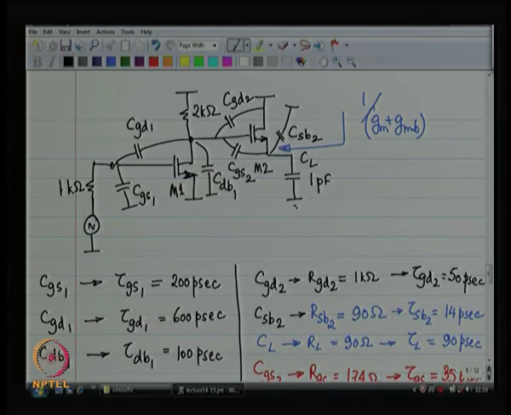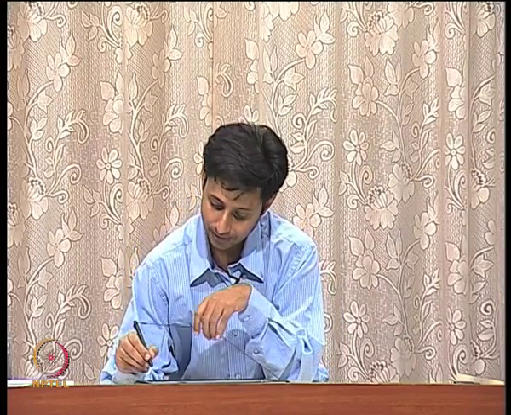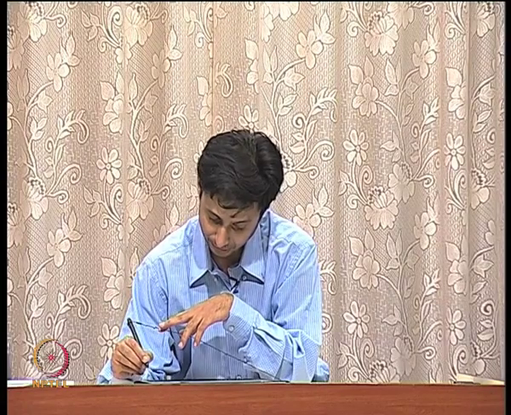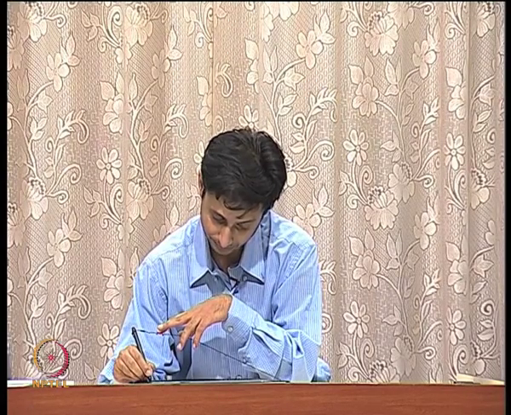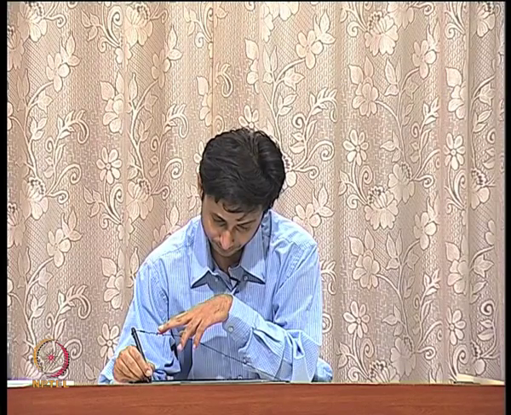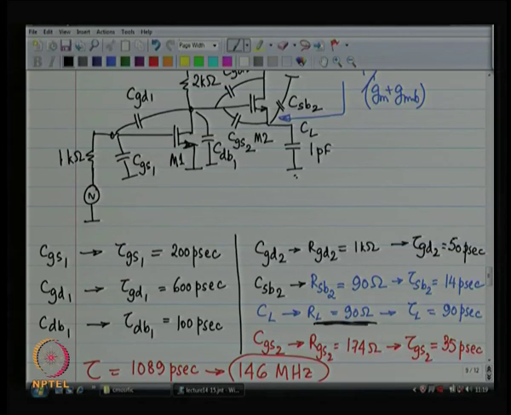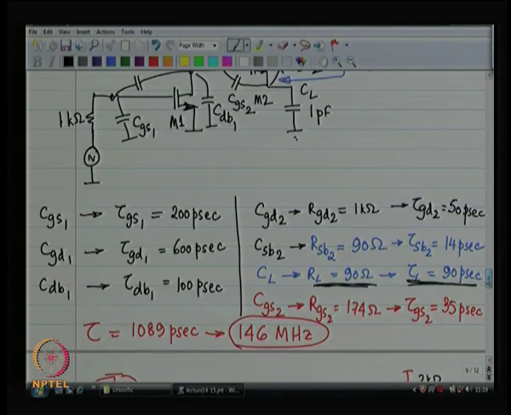From a resistance of 1 kilo ohm, I started seeing a resistance of 90 ohms, right, and the corresponding tau was only 90 picoseconds in my calculation, and the total tau was 1089 picoseconds. It resulted in a bandwidth of 146 megahertz.